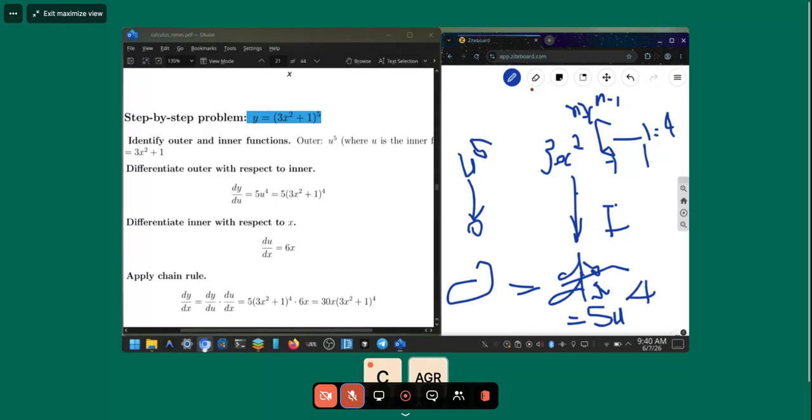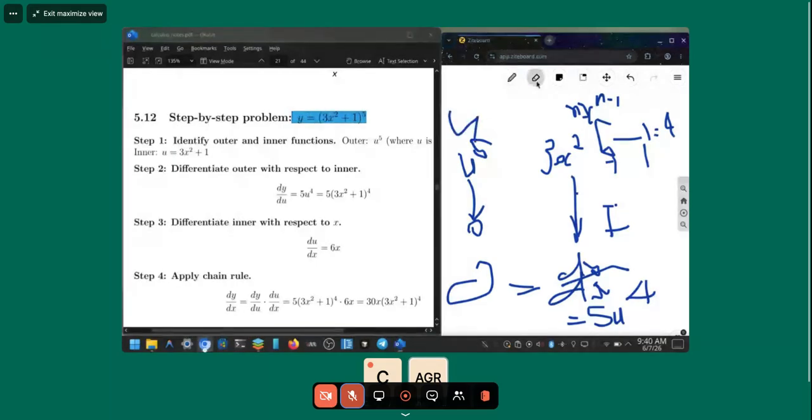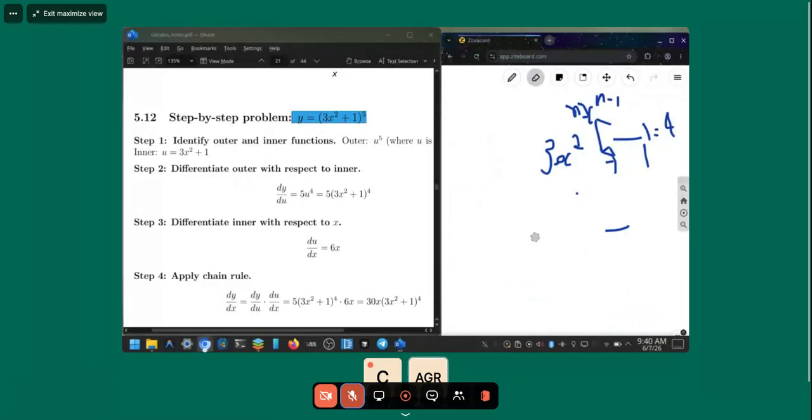What is u here? The inner function is defined as u. If we define u as the inner function, the computing will be solved easier. If you don't define that, the computation becomes difficult.